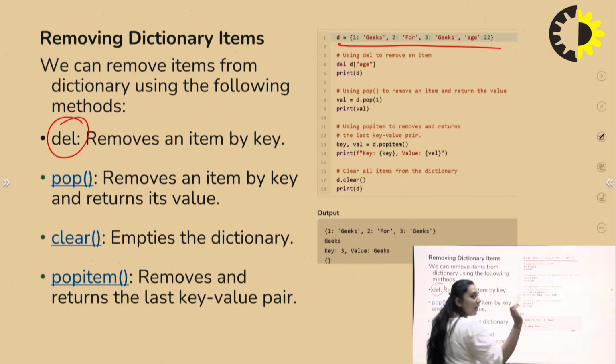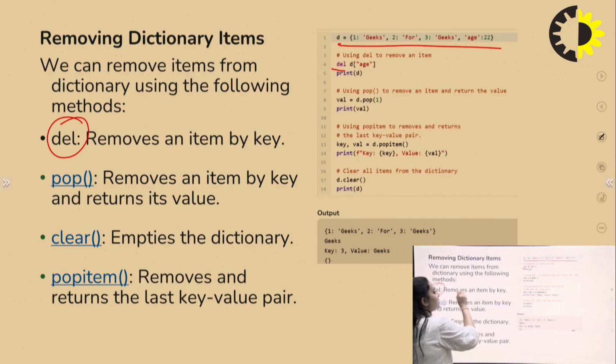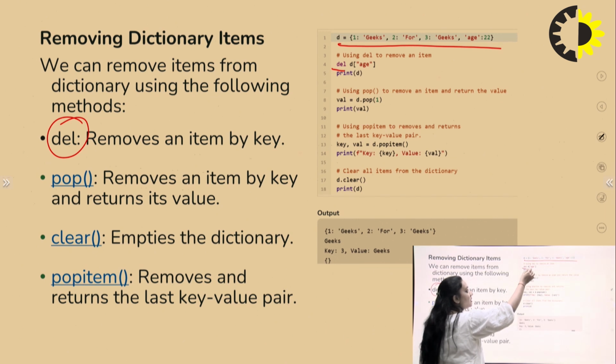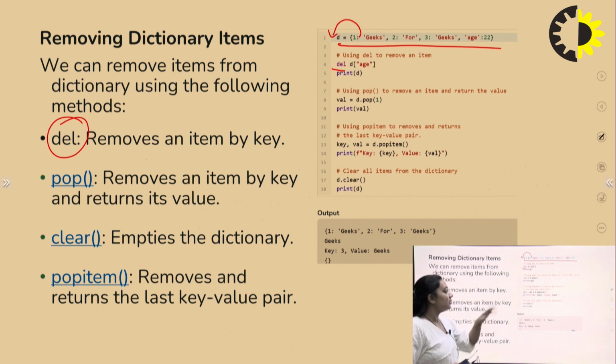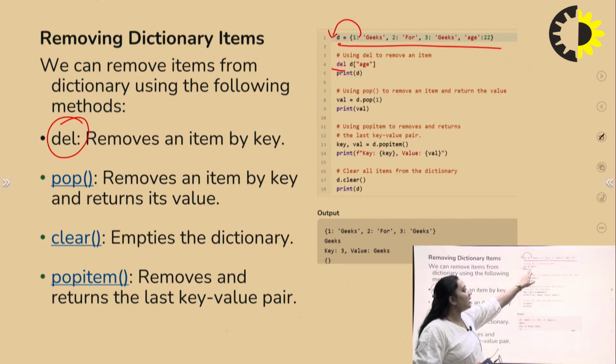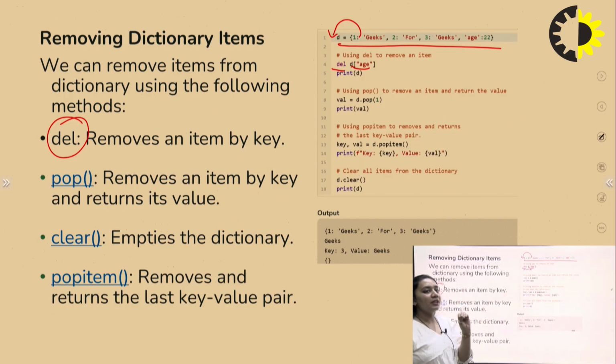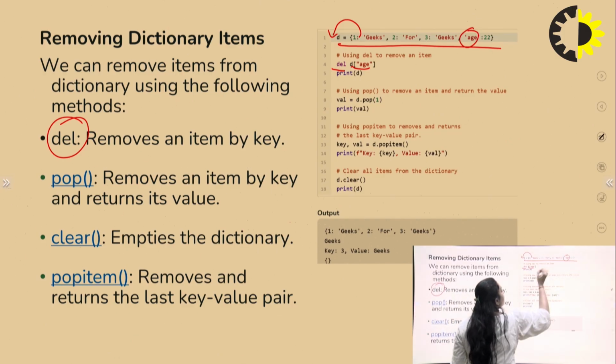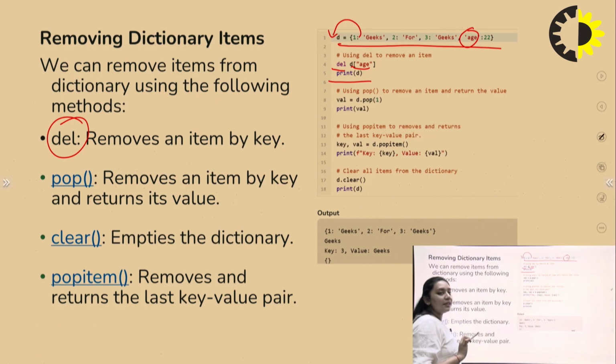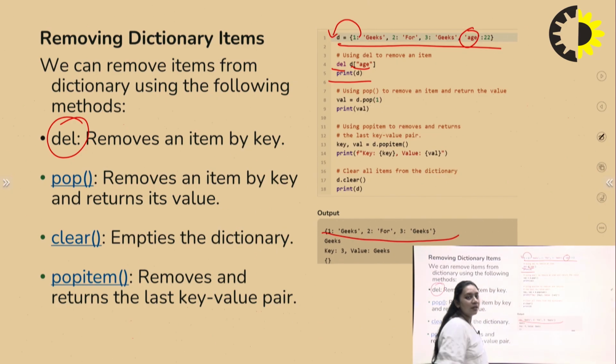Just simply write del. The whole dictionary is stored in the D variable. Just call del D, then write in D any key value. For example, you need to delete the item for age. So you write age and then write print D. It removes that value from D, as you can see, right?